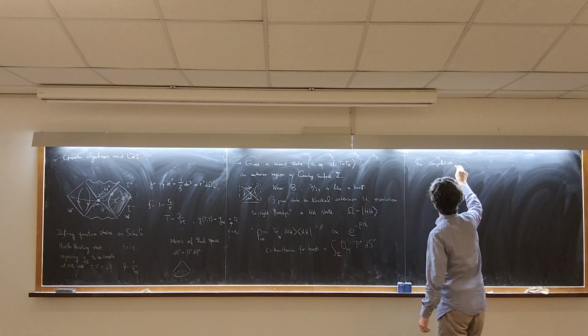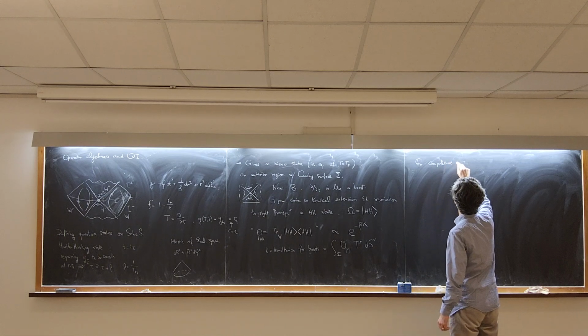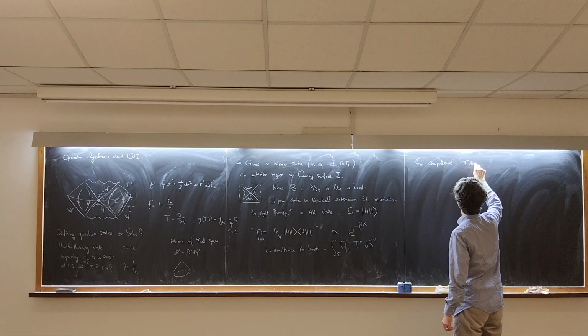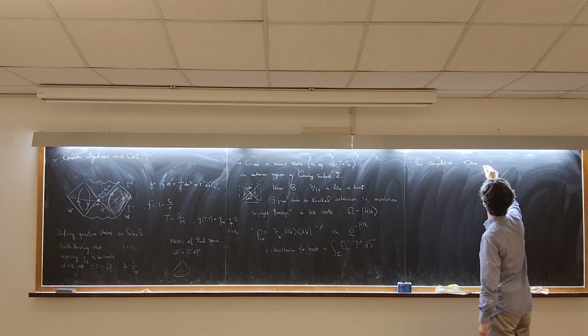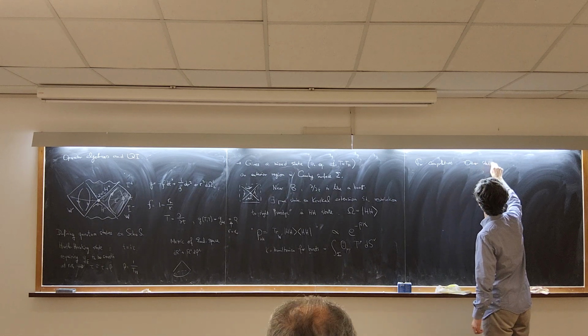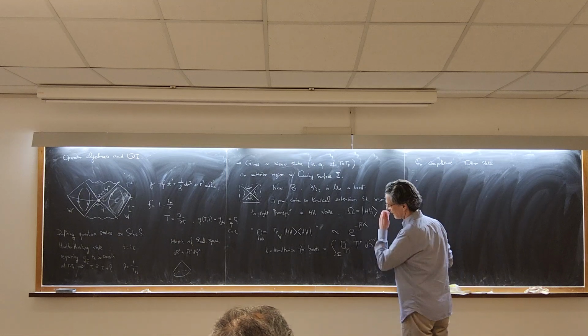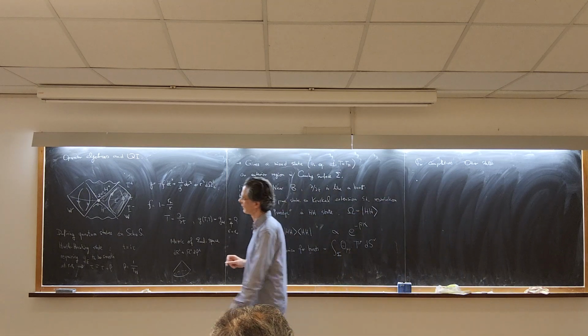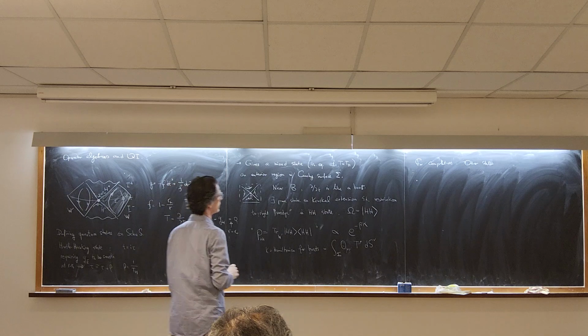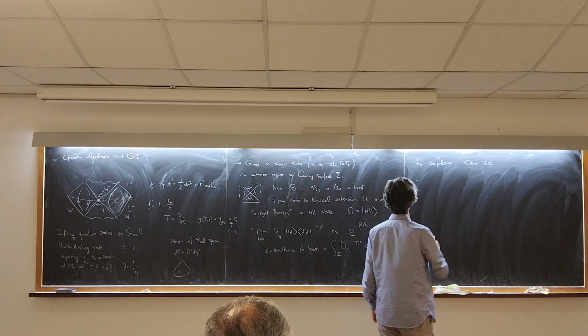And there are also other states, well, many other states, but other states that are often considered in Schwarzschild. So this is, I'm going to call it the Rindler vacuum.